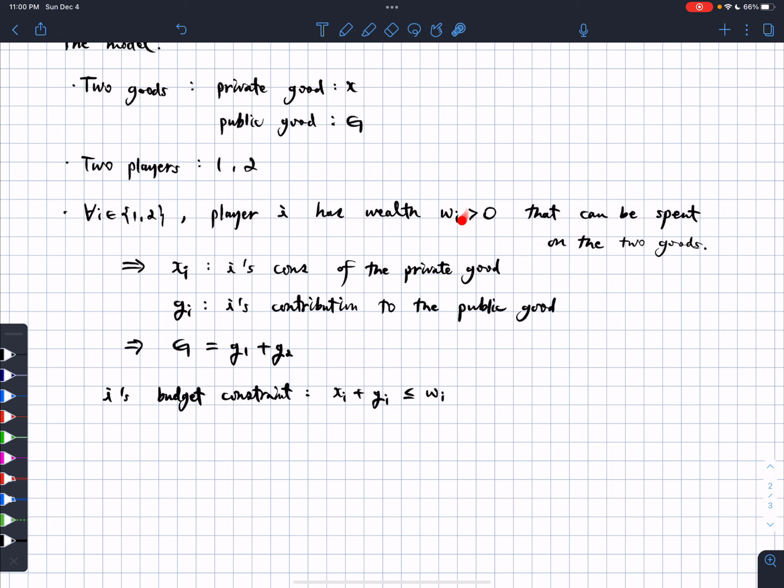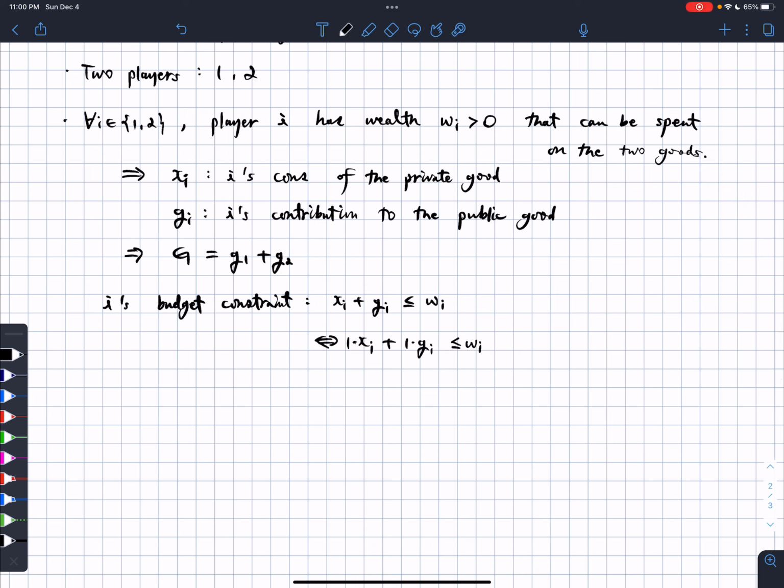So this is W_i dollars that player i is born with, and he will spend this much money on the private good and this much money to contribute to the public good, right? So you may think of this as the prices of the private and the public goods being normalized to 1, right? So you may assume that here you have the price 1. Let me rewrite this: 1 times x_i plus 1 times g_i, like this. Okay, so all the prices are normalized to 1.